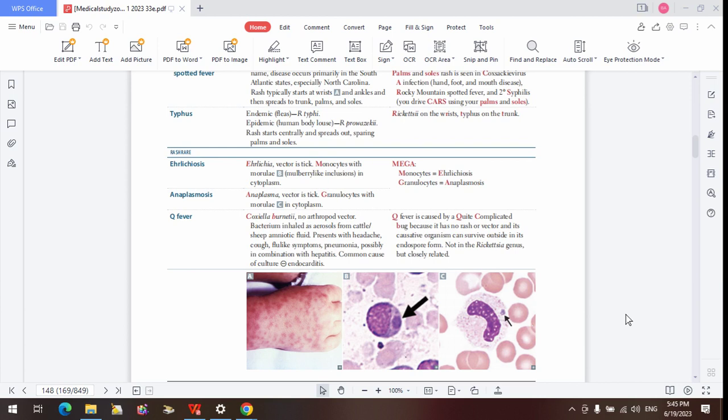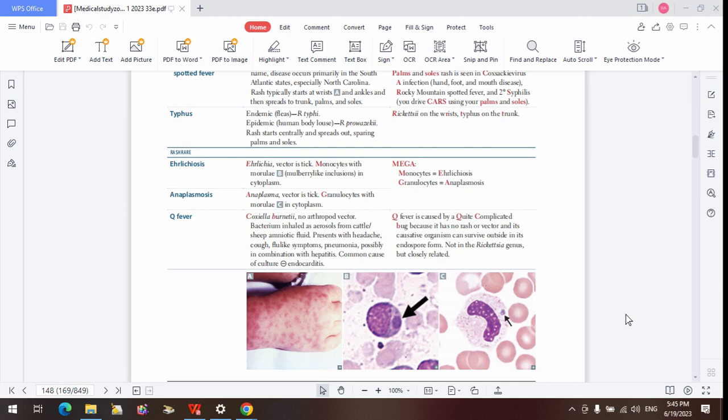You said the last thing you talked about was the pneumonia from Q fever because of inhalation of the aerosols. Exactly. Then we also talked about it going to the liver, causing an inflammatory process leading to hepatitis. Then we said it can also affect the heart, causing culture-negative endocarditis.